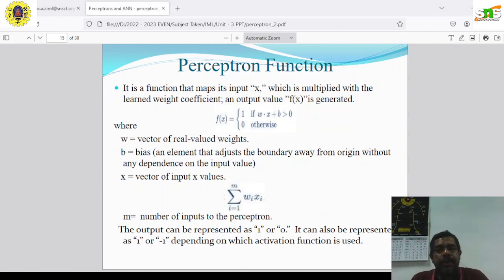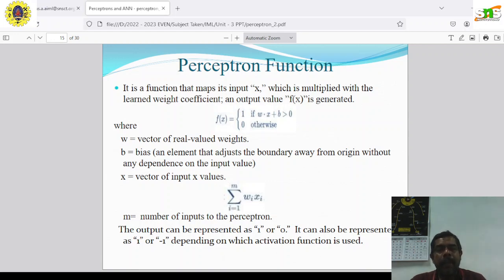With that continuation, now we are going to see about the perceptron function. The perceptron function maps its input x, which is multiplied with the learned weight coefficient. Already we know the purpose of mx plus b.